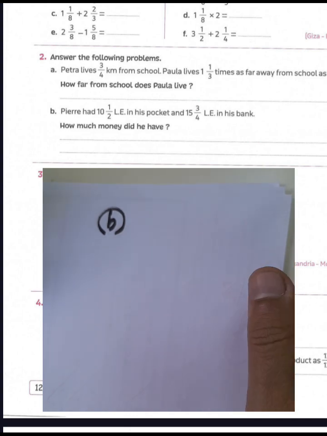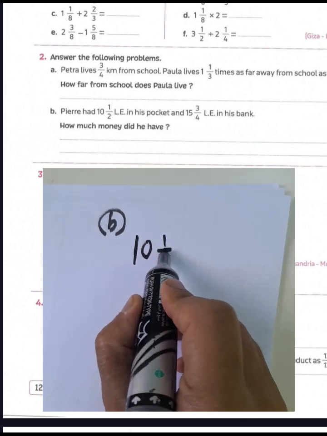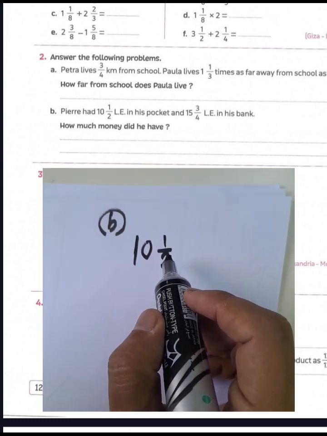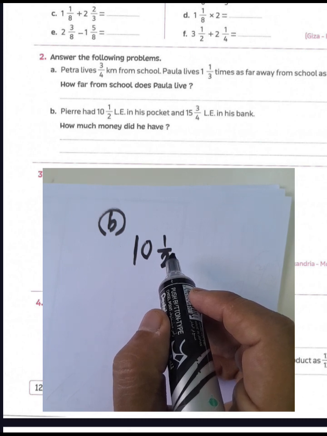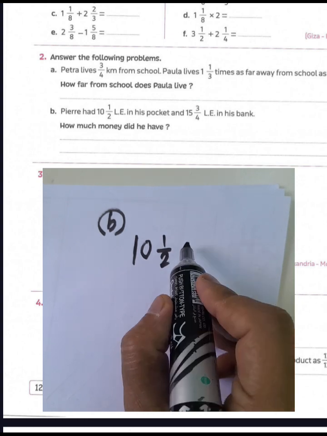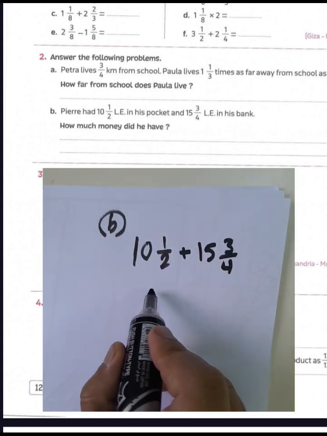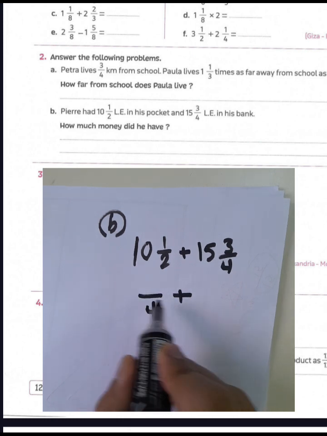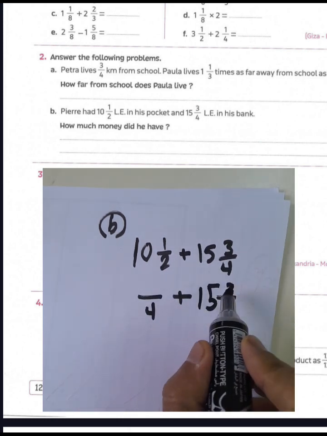The total will be, so I will write 10.5, the money with Pera now. He had 10.5 Egyptian lira in his pocket, and in his bank write 15 3/4. To find the sum of them, you must write the least common multiple between the denominators, 4.